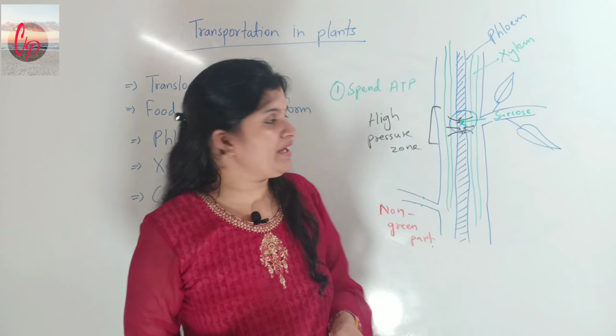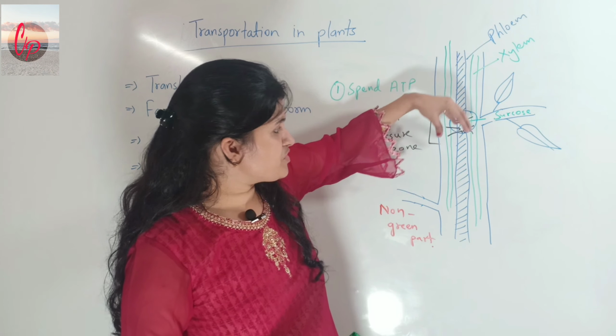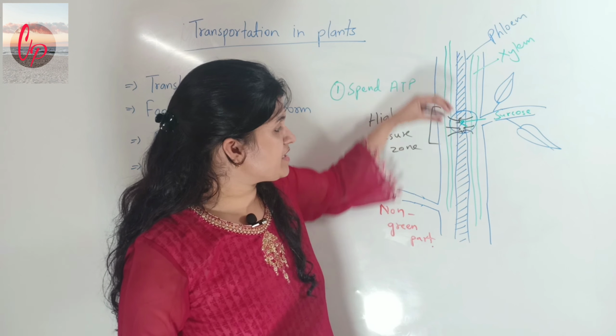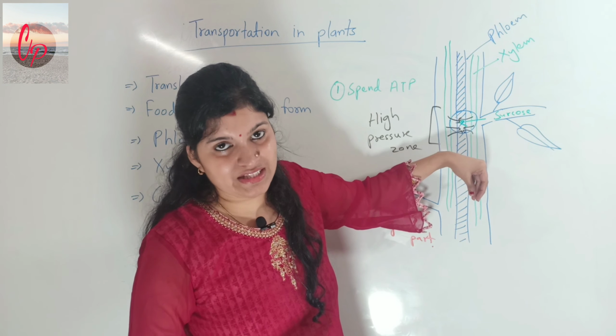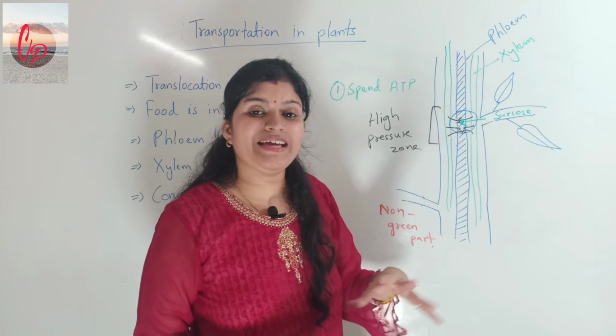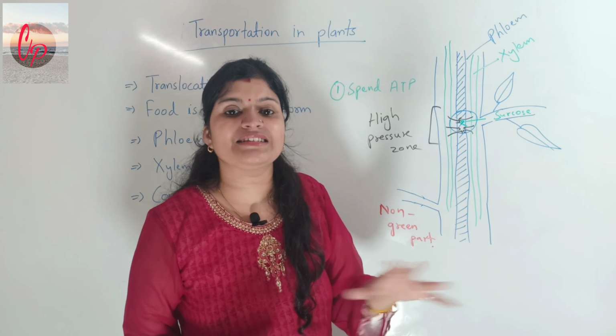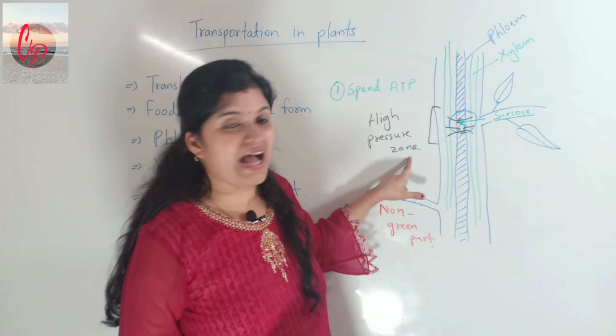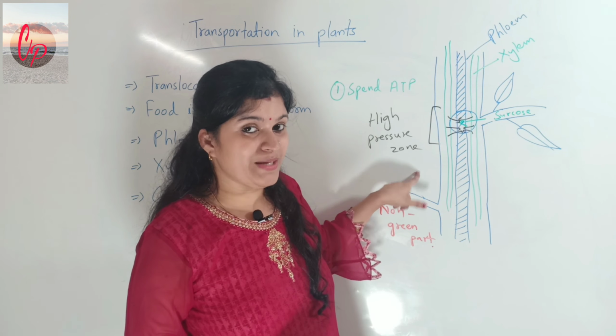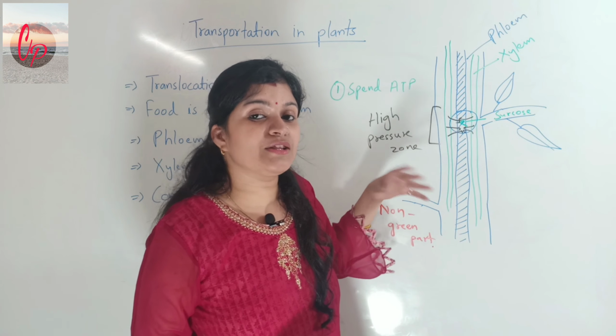So what will happen now? The concentration of solute and solvent has increased here, so they will start moving in the vessel to make the equilibrium or to compensate the balance. They will start moving because now it has become the high pressure zone. It has to become a low pressure zone, actually a normal zone.